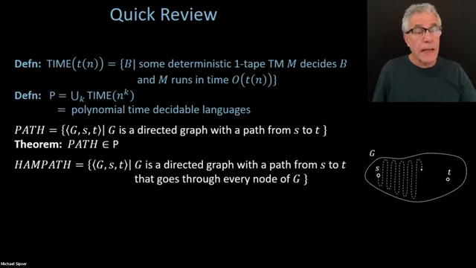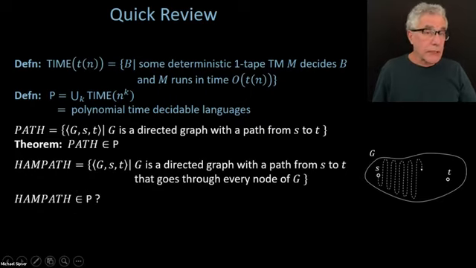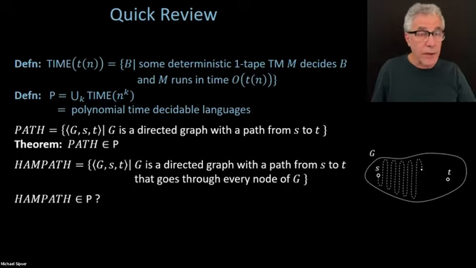And now the question is, for this problem, can we solve that problem in polynomial time? Can we somehow modify the algorithm for path to give us an algorithm that solves Hamiltonian path in polynomial time?